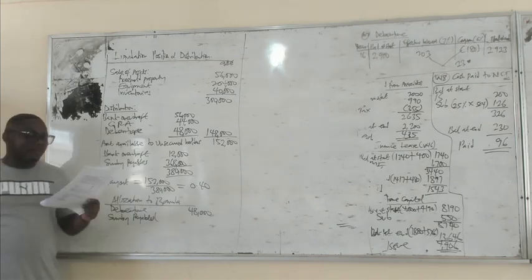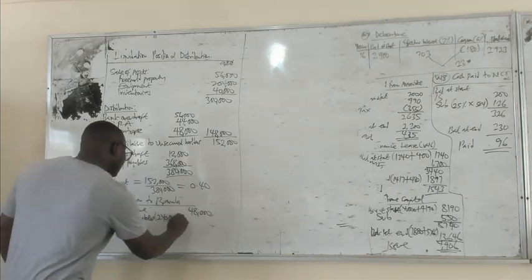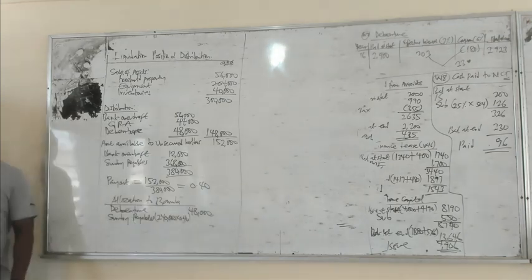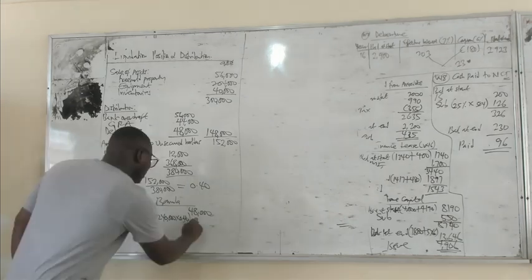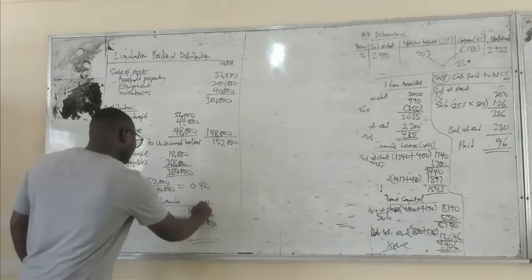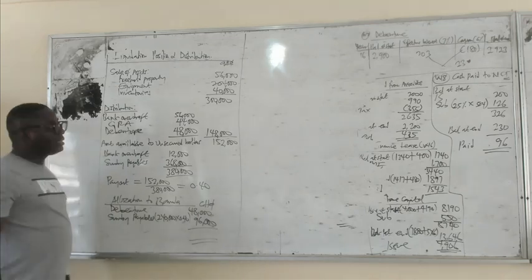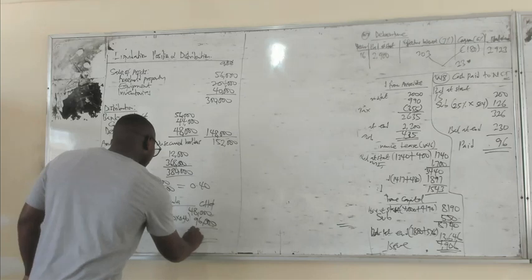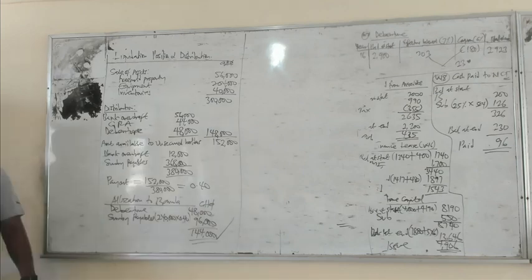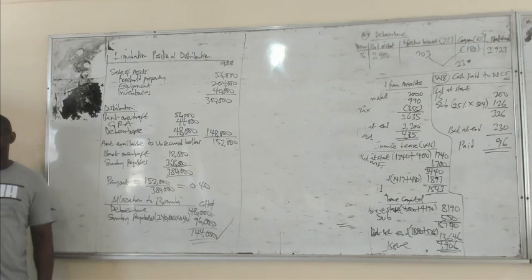So with the 240,000, Banda Limited will get 240,000 times 0.4, which is 96. So if the company goes on liquidation, Banda Limited will get 48 plus 96, 144. Okay, so that is the first part. When the company is to go on liquidation, Banda Limited will get 144,000. Please, are you following?